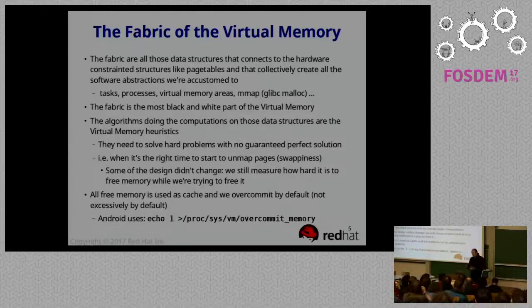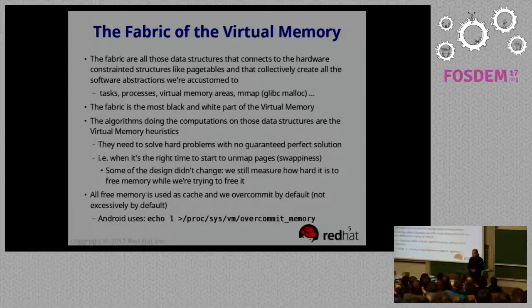These abstractions are like tasks, processes, virtual memory areas, also called VMA, which stands for virtual memory area, of course, and mmap, glibc, and malloc. These things are all based on the fabric. And the fabric is also the most black and white part of the virtual memory, so it's easier to show, because the algorithms which compute on the data structures are often heuristics.